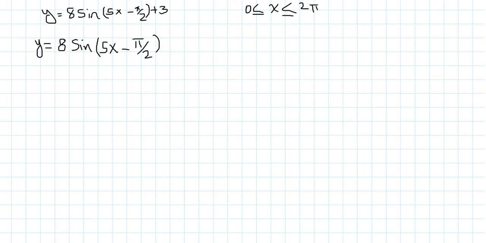I know my period is again 2 pi over 5, and to find the shift on x-axis I should say 5x minus pi over 2 means the bracket equals 0. Then I know x equals pi over 10.